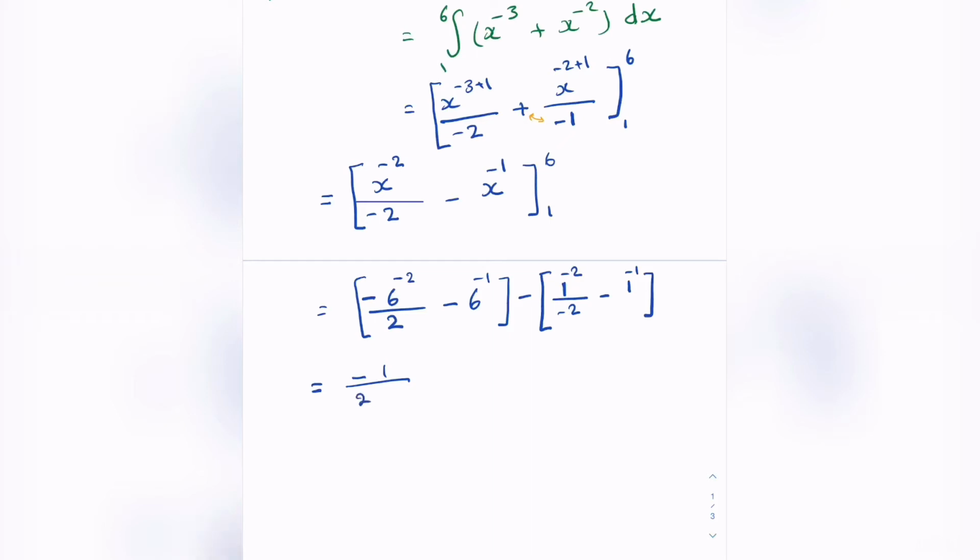So 2 times 36, minus 1 over 6, minus, this is 1 to the power minus 2. It means 1 over 1 squared, which is 1, doesn't matter. So it's 1 over minus 2, minus 1 to the power minus 1, it means 1 over 1, which is 1.